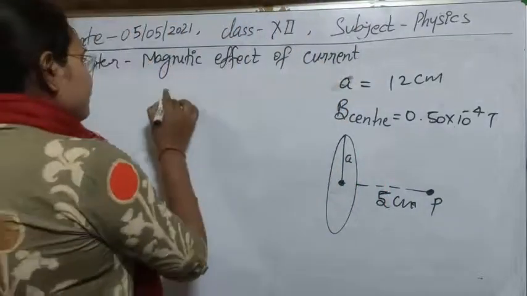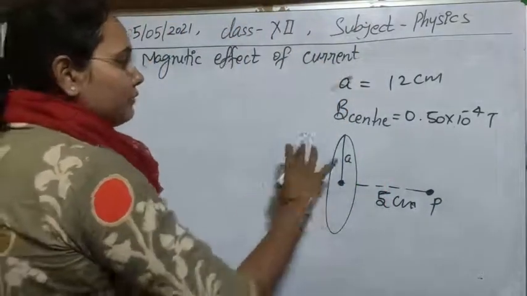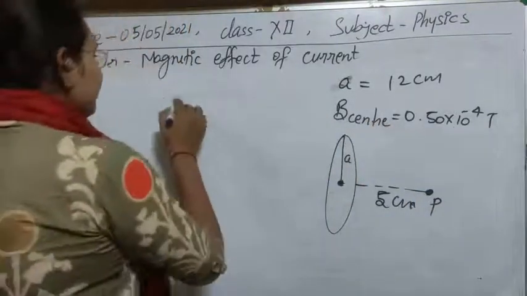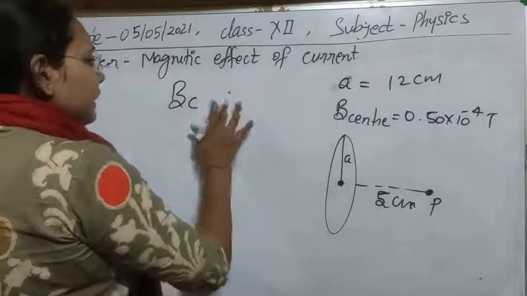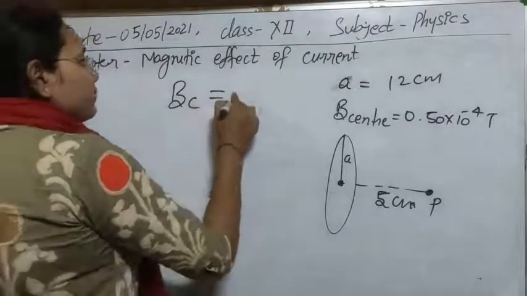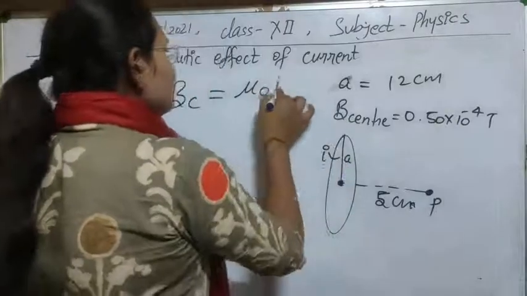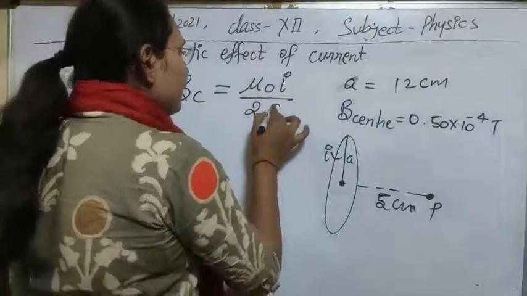For that, first write down the formula for the axial magnetic field and also for the center magnetic field. B center, suppose BC, is given by mu 0 I upon 2A, if current I is flowing through it.